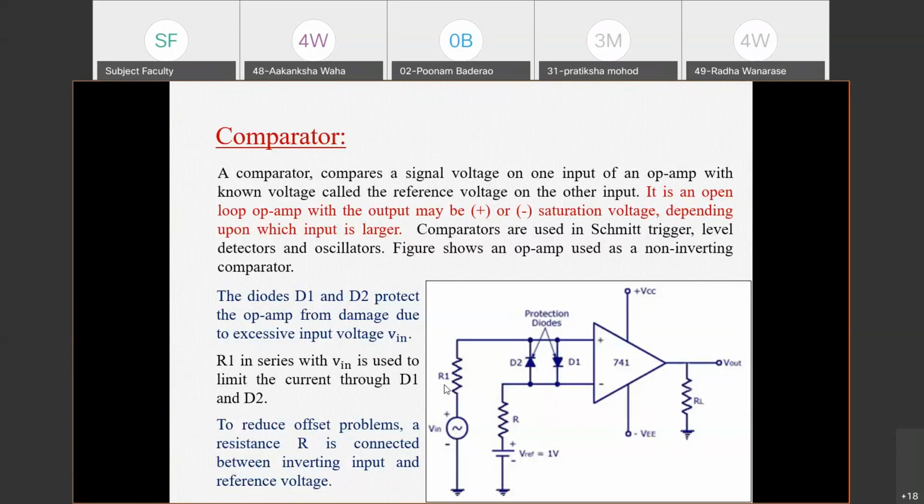So the input voltage is given to the non-inverting terminal, whereas at the inverting terminal a constant voltage is given. That is the reference voltage. So Vref has the value of 1 volt. So these are the circuit details.